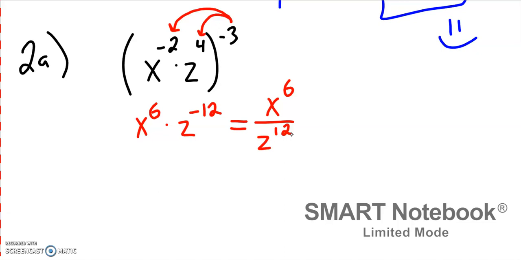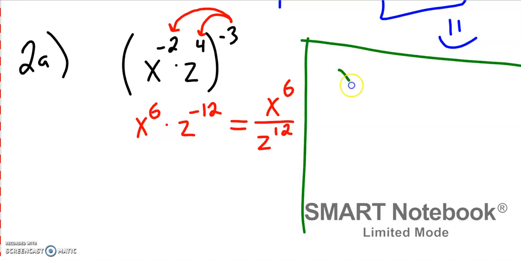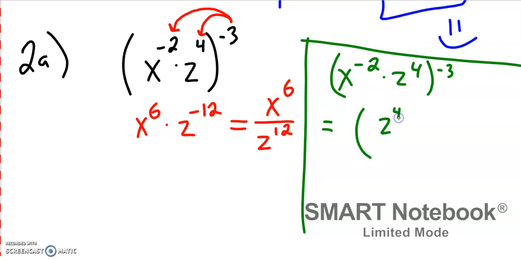What I recommend is do not simplify x to the negative second first, because since we have that exponent of negative 3 as our power, it's going to be changing the location of both of the exponents if we were to simplify. And here's what I mean. So if it was x to the negative second times z to the 4th raised to the negative third, and we rewrote this, it would be z to the 4th over x squared getting raised to the negative third.